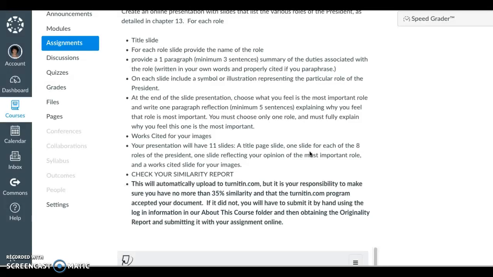You must choose only one role and must fully explain why you feel this is the most important role. You'll also have a work cited for your images and information. So your presentation will have 11 slides: a title slide, 1 for each of the 8 roles, 1 slide reflecting your opinion of the most important role, and a work cited.